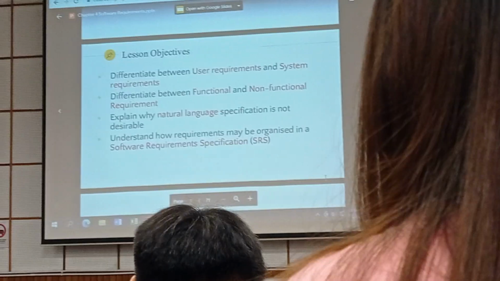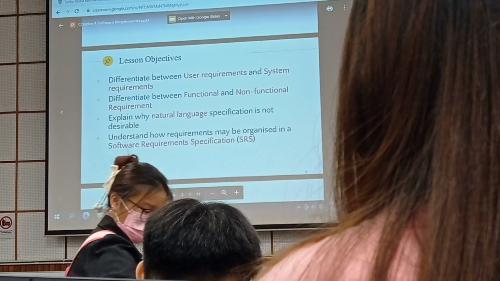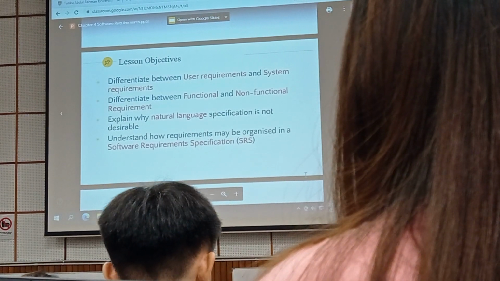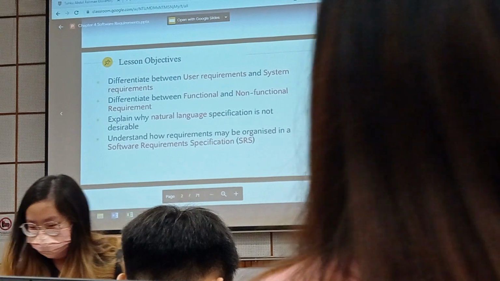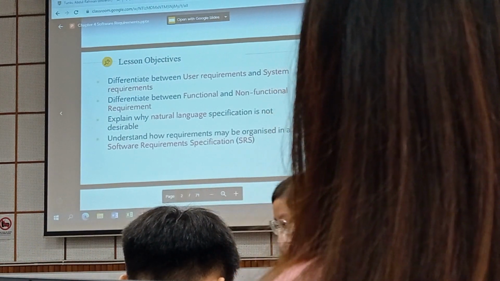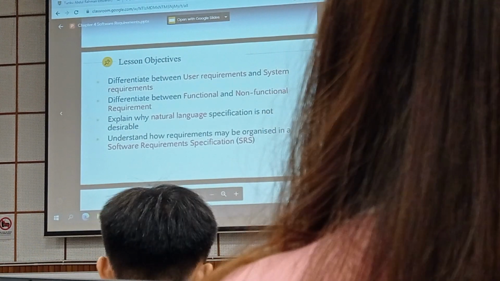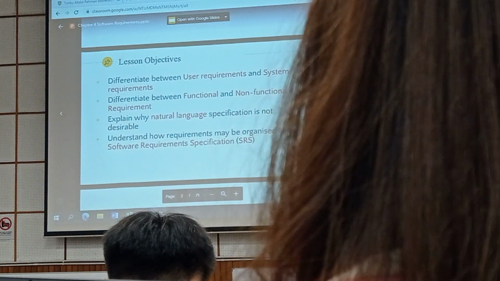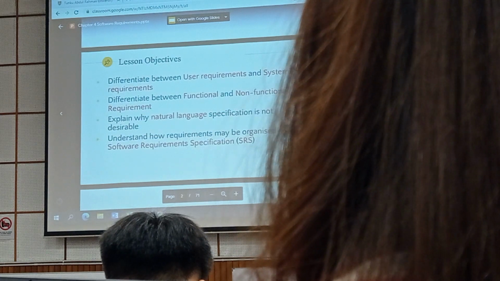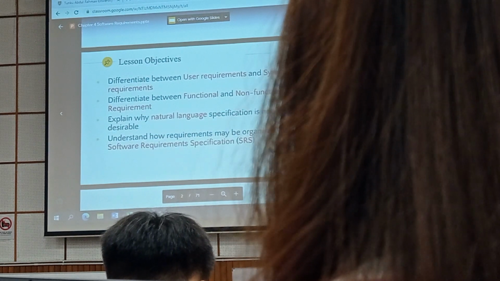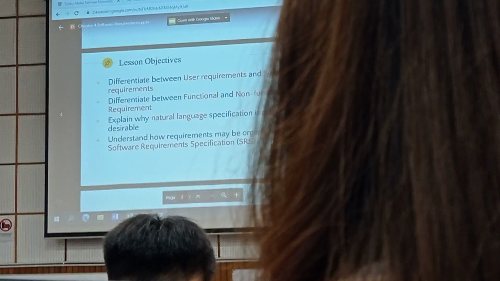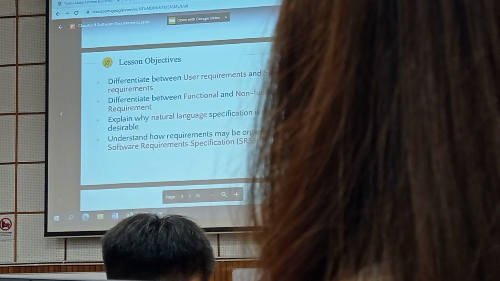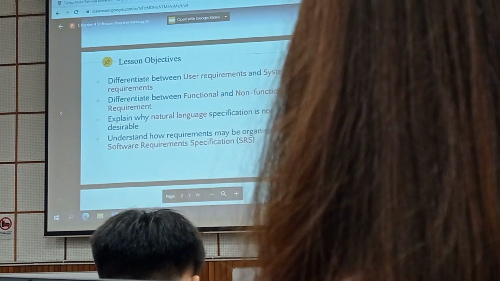In this chapter, we are going to differentiate between user requirements and system requirements, and the difference between functional and non-functional requirements. Then we will see the problems of natural language, and how the SRS can help us organize all the requirements. So these are the subtopics.